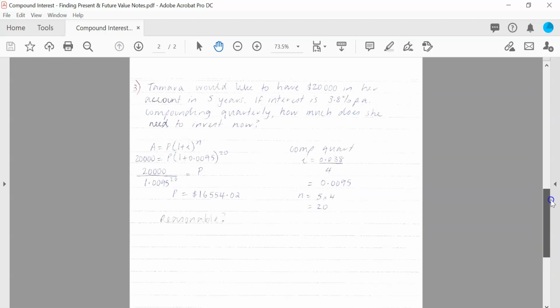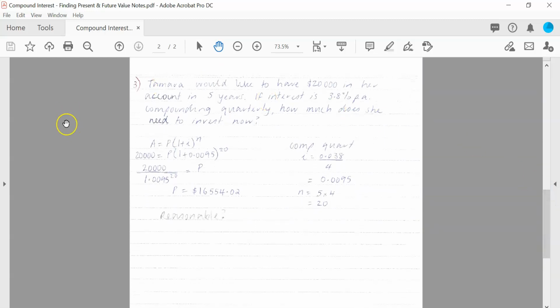Our last worked example, Tamara would like to have $20,000 in her account in 5 years. If the interest is 3.8% per annum compounding quarterly, how much does she need to invest now? In a question like this, they're actually asking us to find the principal or the present value.